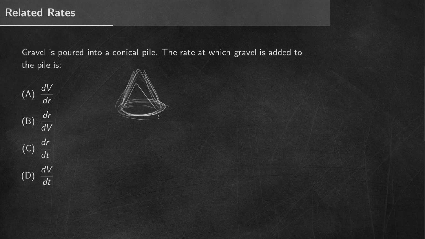So all of these different things are changing. But when it says gravel is poured into a conical pile, the rate at which gravel is added, it's referring to volume. So it wants to know the change in volume over time. So we're looking for dV dt.